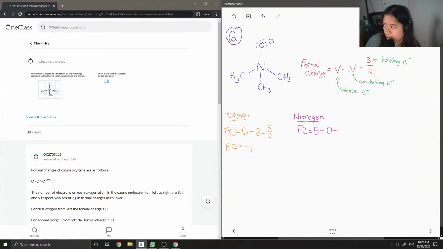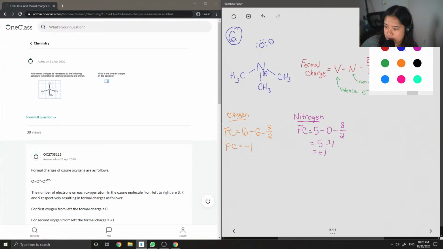And then if you count how many electrons are involved in the bonding, so in all the bonds, each one has 2, and there's 4 of them. So there are 8 bonding electrons divided by 2. So basically it's 5 minus 4. And then nitrogen has a +1 formal charge. So I'm also going to write that in.